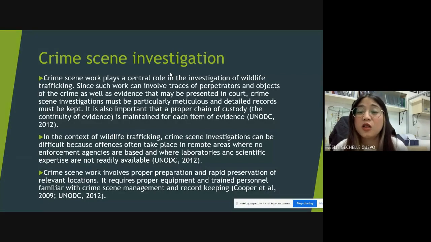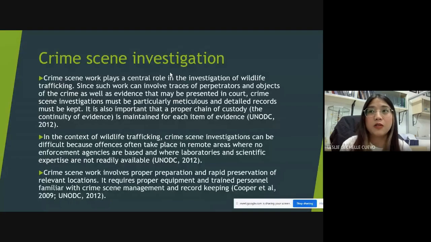In the context of wildlife trafficking, crime scene investigations can be difficult because offenses often take place in remote areas. Yung crime scene mo bundok, yung crime scene mo disyerto, yung crime scene mo dagat, mahirap. It can often take place in remote areas where no enforcement agencies are based and where laboratories and scientific expertise are not readily available.